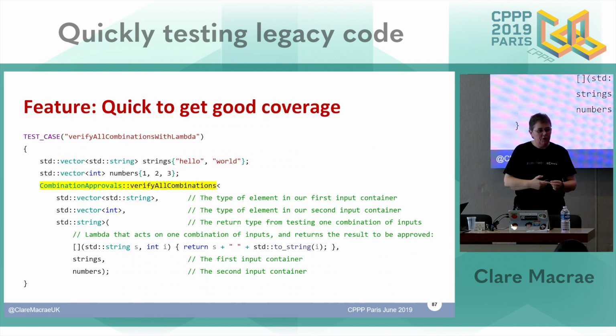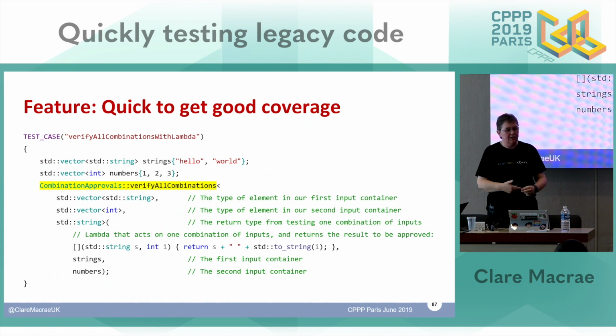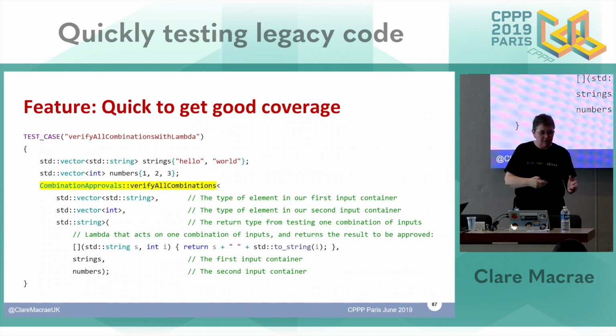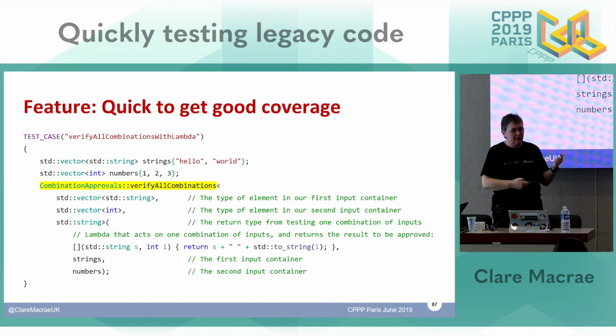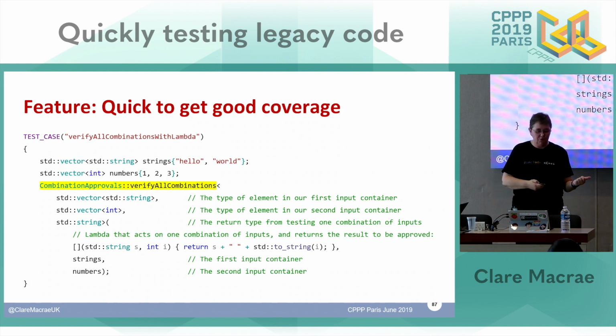There's also a verify all combinations in which you can pass in any number of containers, and so here the strings that are being passed in are hello and world, and then there is a vector of ints being passed in, which is the numbers 1, 2, and 3. And this is testing concatenation.